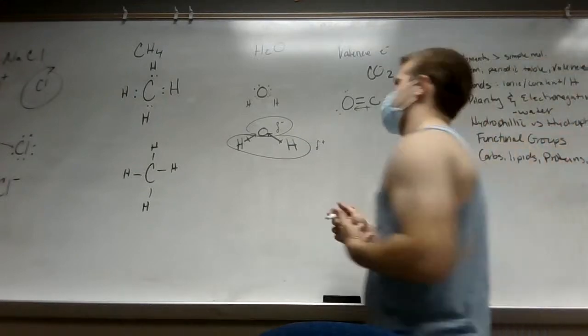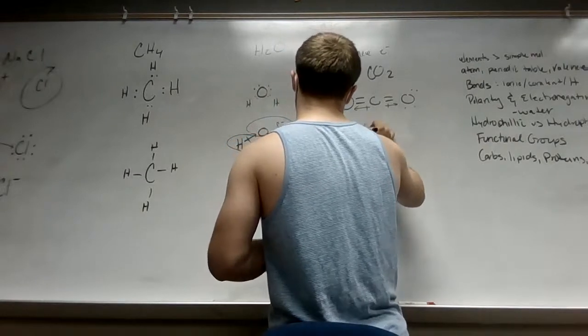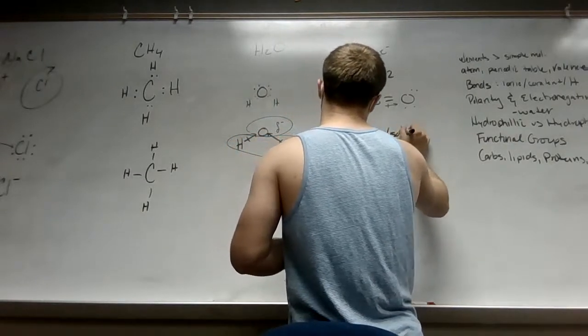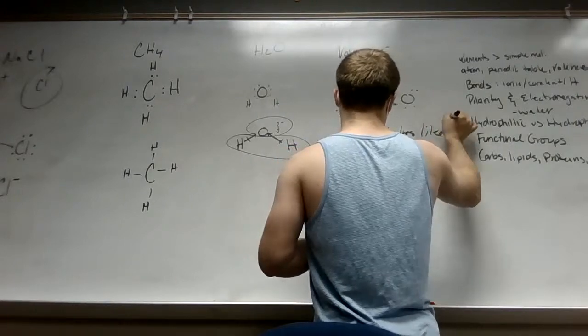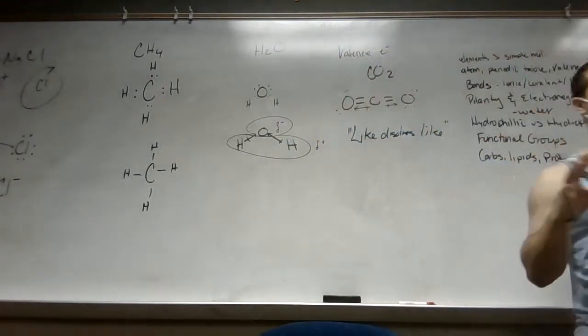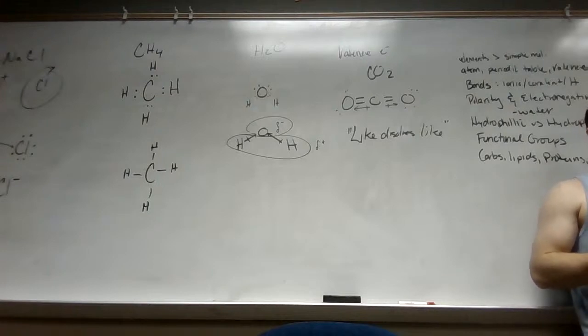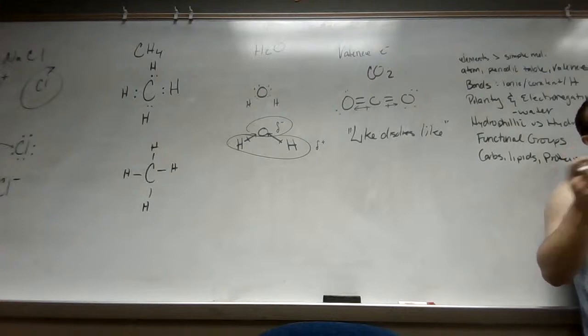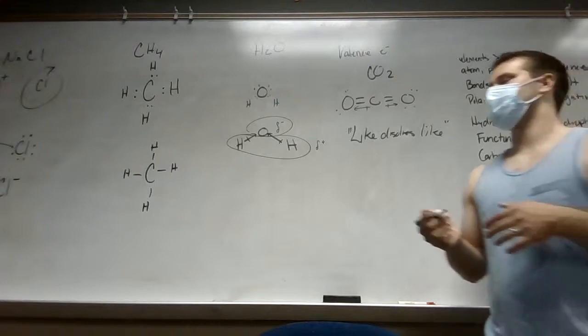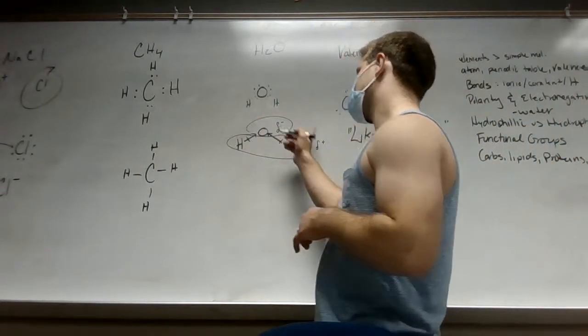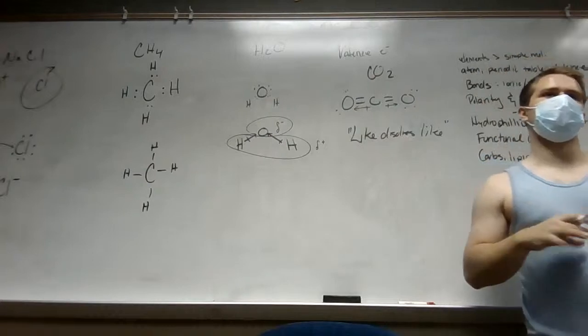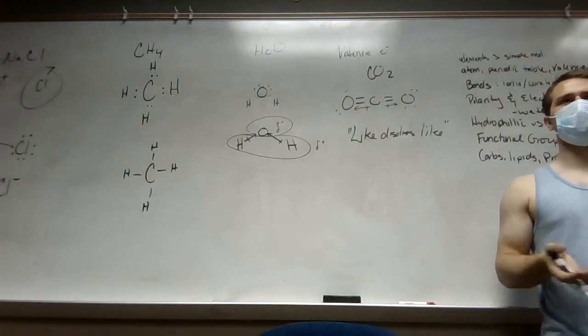So when you hear the phrase like dissolves like, that refers to polar solutions being miscible with each other, and non-polar solutions being miscible with each other, but they won't intermix. Right? That's why water and oil don't mix. Water is a polar solution, whereas oils are a non-polar solution, and so they don't mix. What's happening there is that the partial positive and partial negative regions of those compounds are interacting with one another.